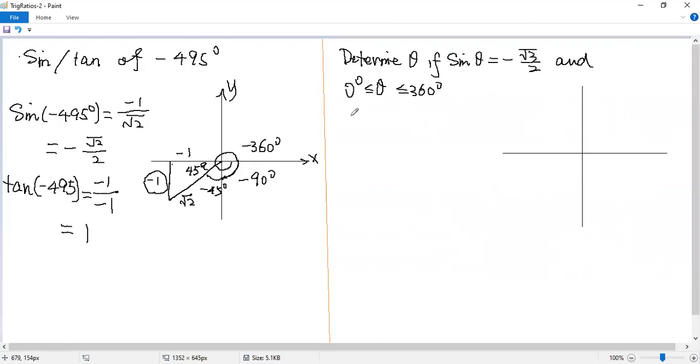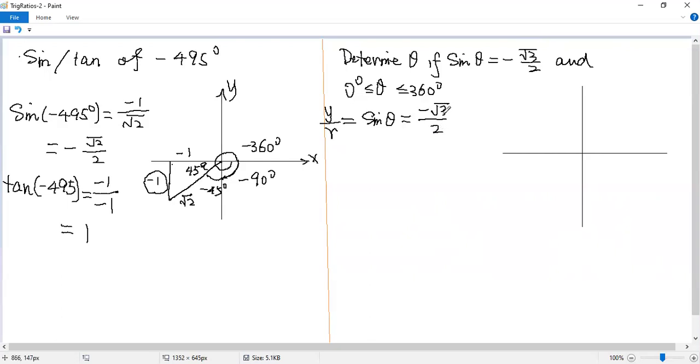Let's analyze the condition first. We know sine theta equals opposite side y over hypotenuse r. r is always positive. So we can rewrite the given condition as negative square root of 3 over 2.